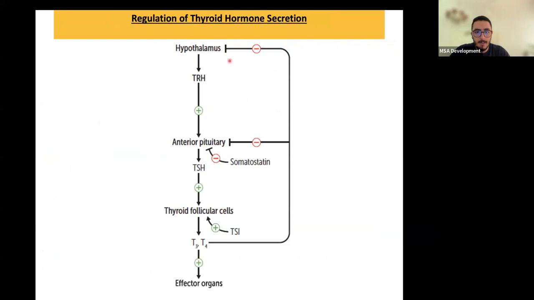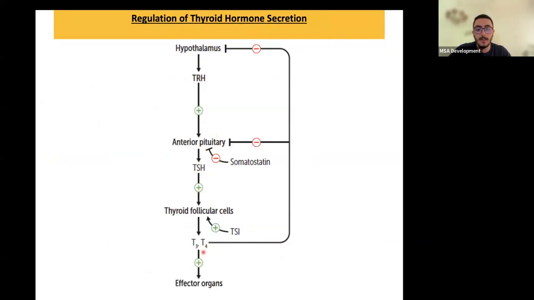And this is the negative feedback loop I was talking about. If we have too many T3, T4, the active T3, T4 will go to the anterior pituitary to inhibit TSH secretion, as you can see, and it will also go to the hypothalamus to inhibit the secretion of TRH, which stimulates the secretion of TSH.